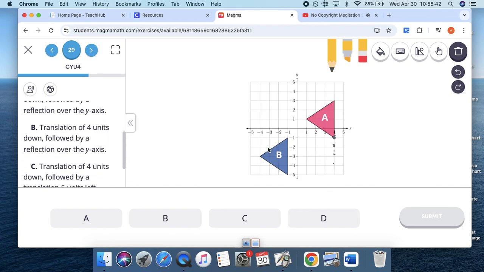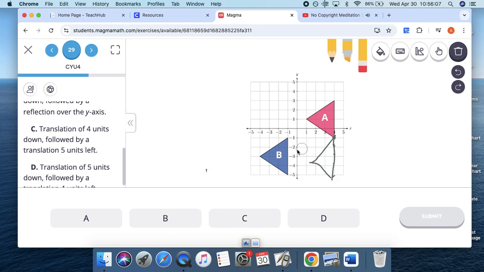B, translate this 4 units down, okay? All right, so that's going to land here. If you translate this triangle 4 units down, we're in the same spot, okay? So we're good here. But then it says a reflection. No, that's not going to work because if it's reflecting, the triangle would end up like this. Or B would end up like this, so definitely not B.